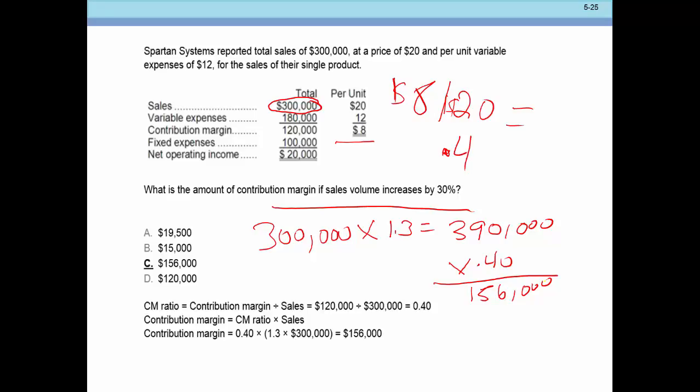What if I told you that the fixed costs were 56,000? What's my profit? I would take off my fixed cost of 56,000. I have 100,000 left to go to profit, don't I? Right? So now we're getting into a situation where we are able to use this contribution format to help us get a sense of what happens if this happens, what happens if that happens.